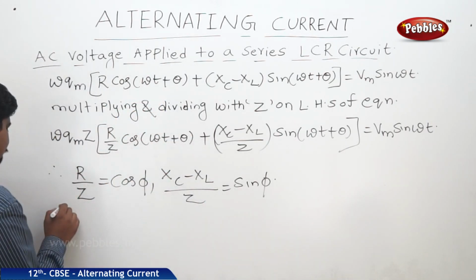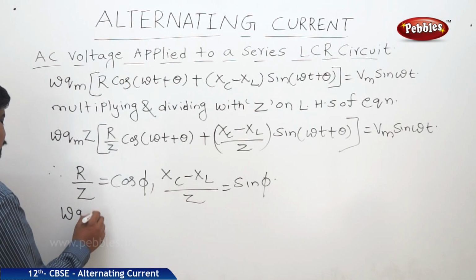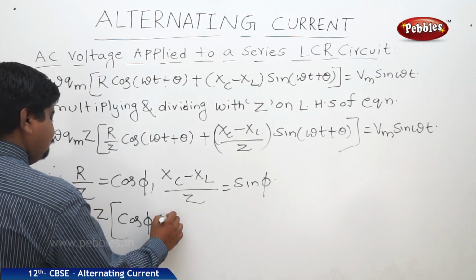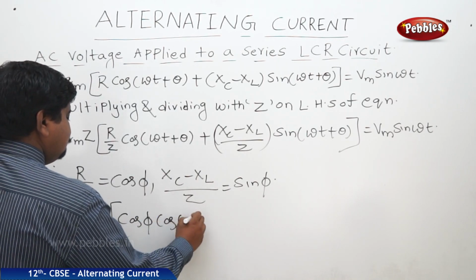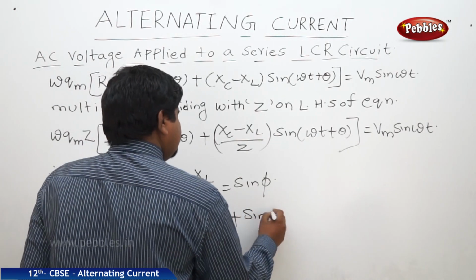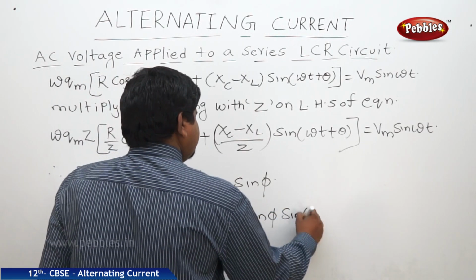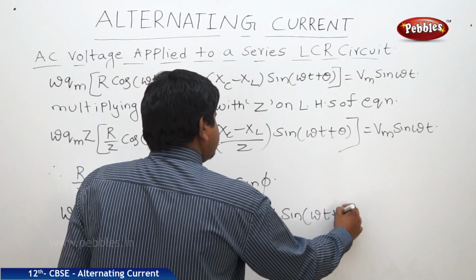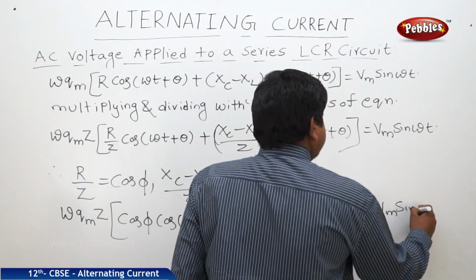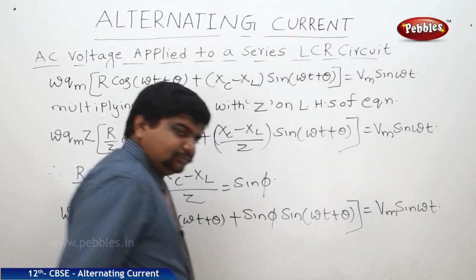So ω qm Z into (cos φ cos(ωt + θ) plus sin φ sin(ωt + θ)) is equal to Vm sin ωt.